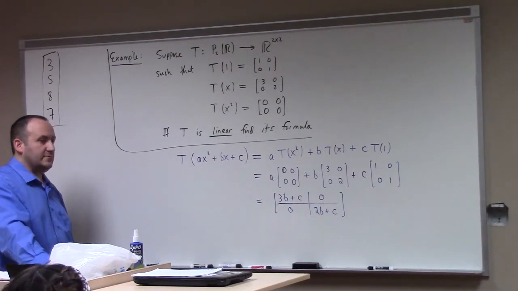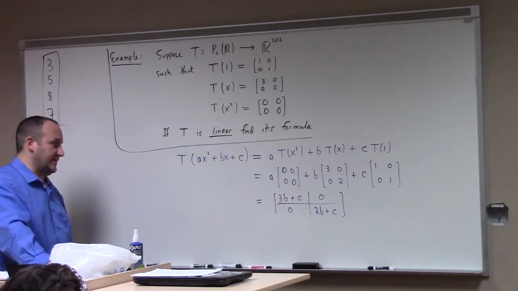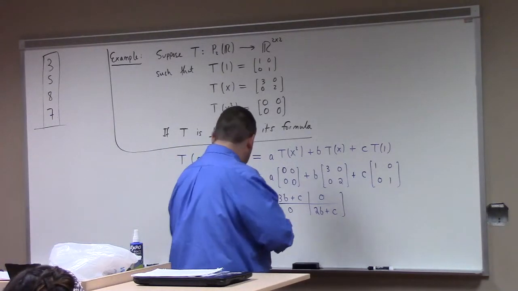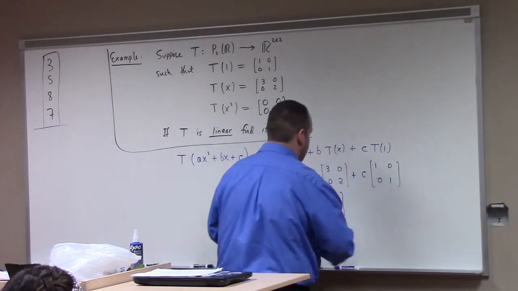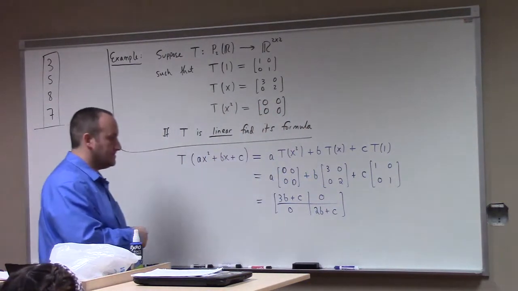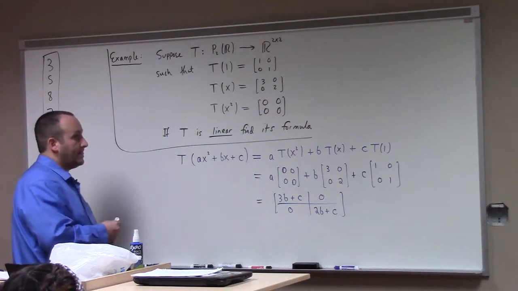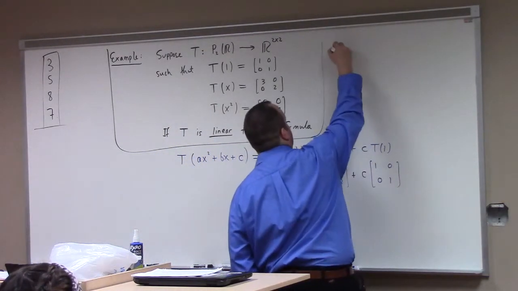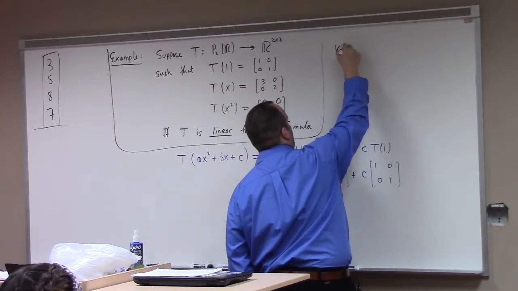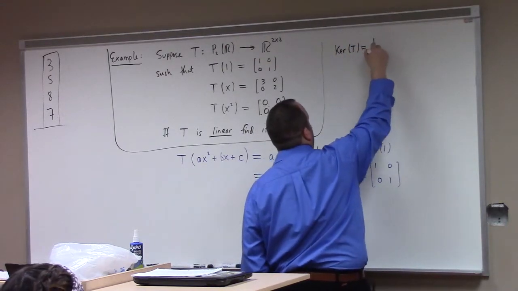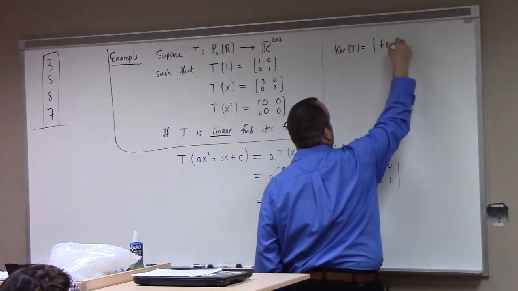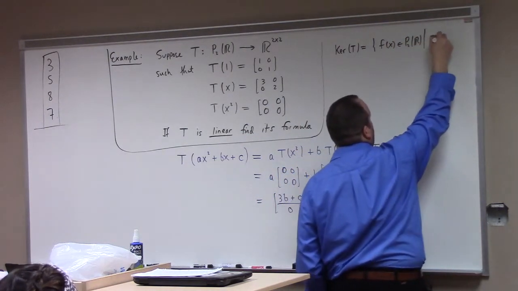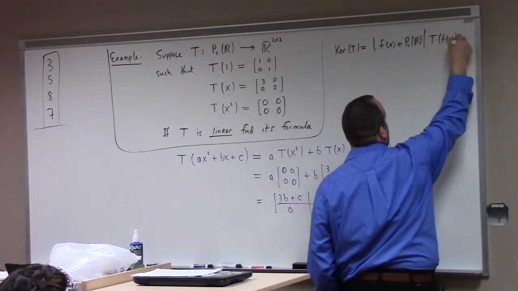While we're at it, let's calculate the kernel and the range of this example. What's the kernel of T? Sure. The kernel of T would be f of x in P2 such that T of f of x equals 0.